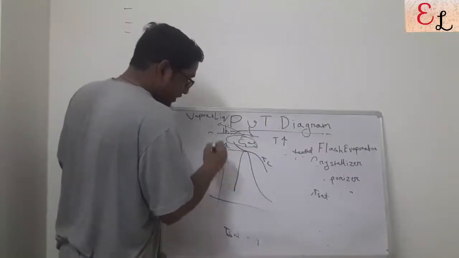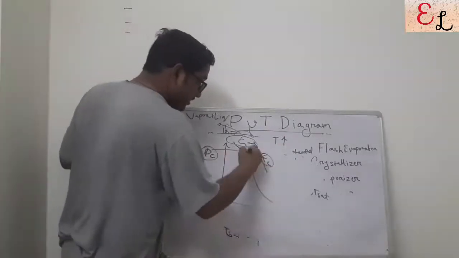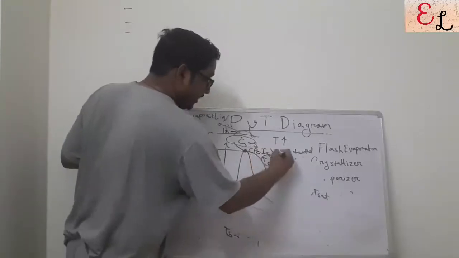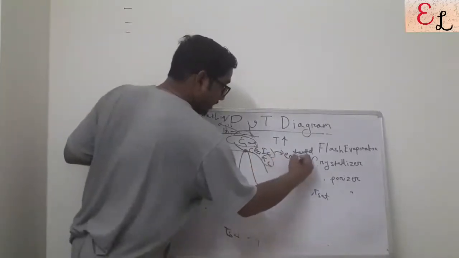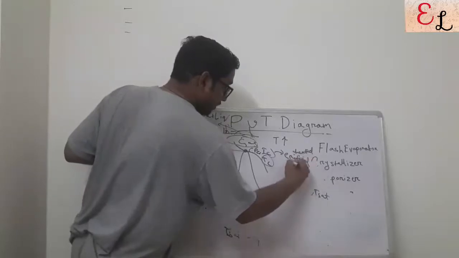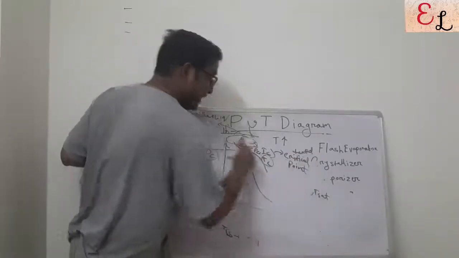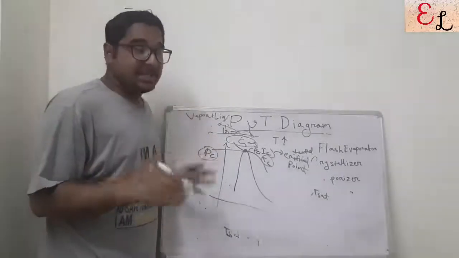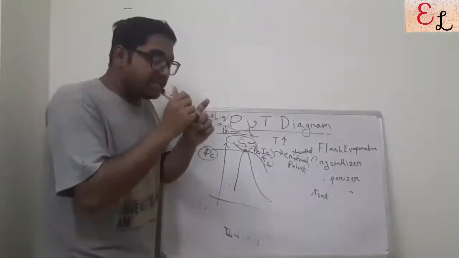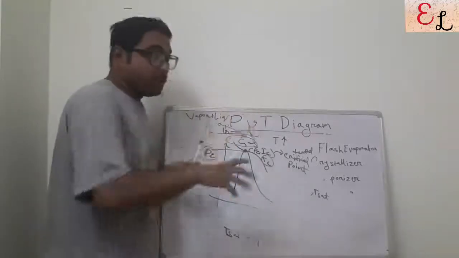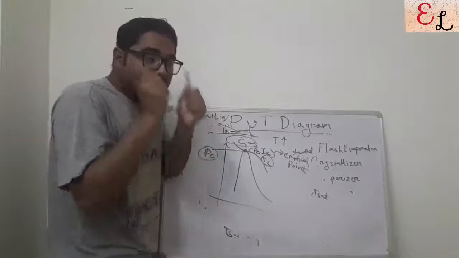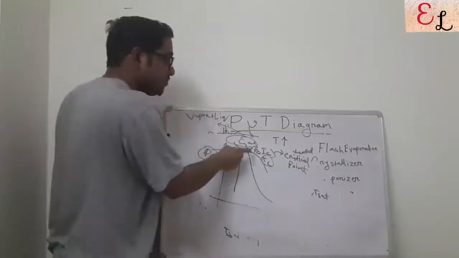This is Pc, Tc, my state point, a single state point, the critical point. Beyond Pc, Tc, the entire state of matter is gas. So if we change the temperature or pressure beyond Pc, Tc, no phase transfer will take place. This is my critical point.